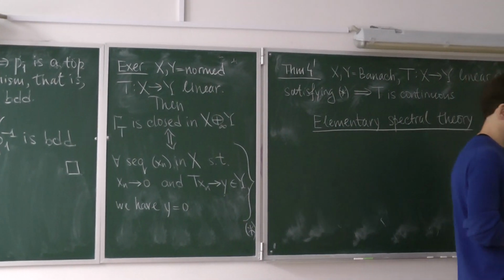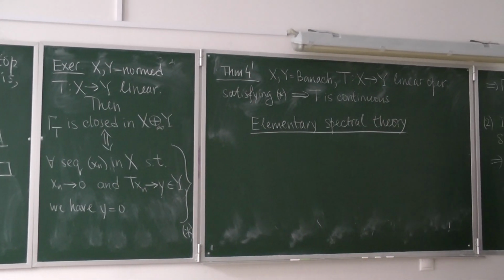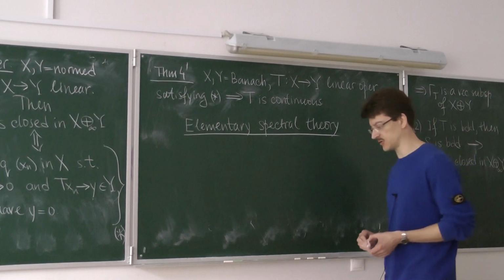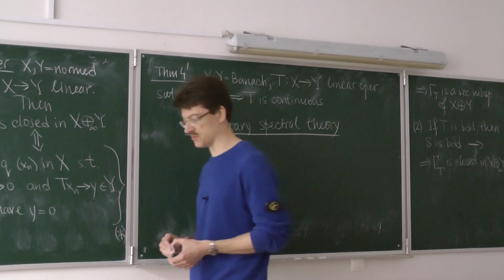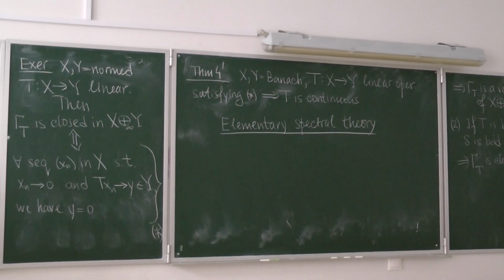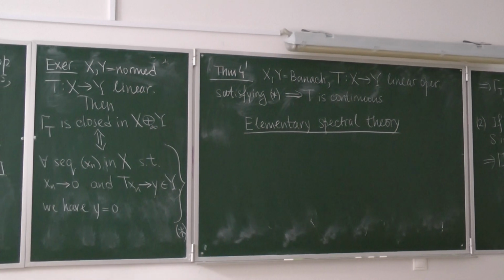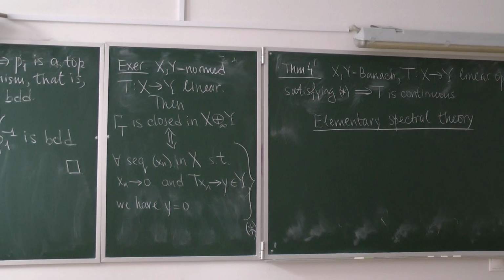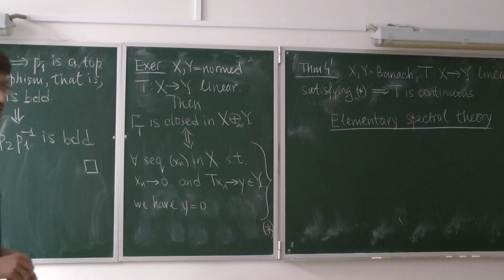So the central notion in this theory is the notion of the spectrum of an operator. The spectrum of a linear operator is actually one of the most important invariants of the operator. The spectrum was introduced by Hilbert at the beginning of the 20th century when he studied some problems in the theory of integral equations.